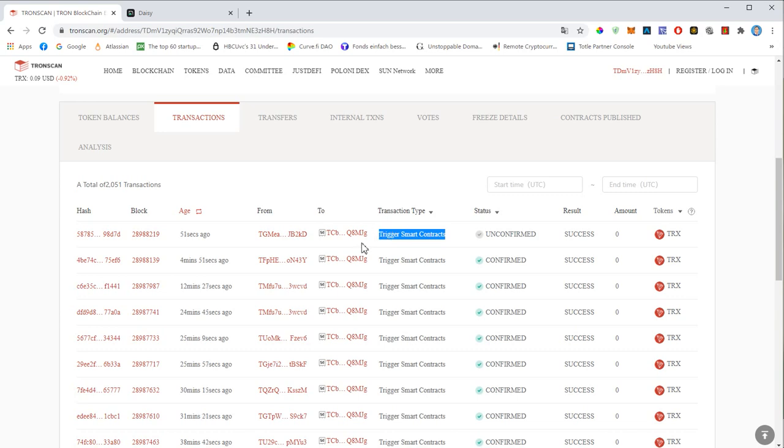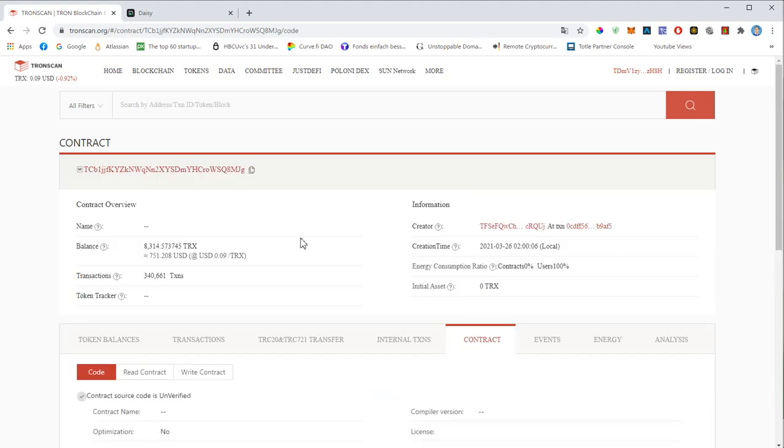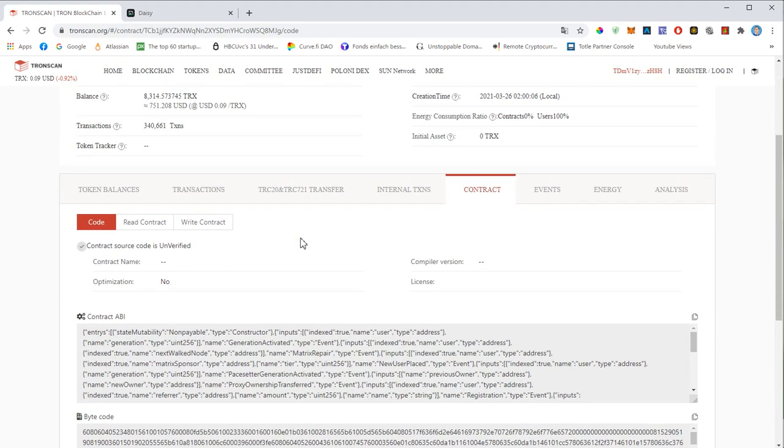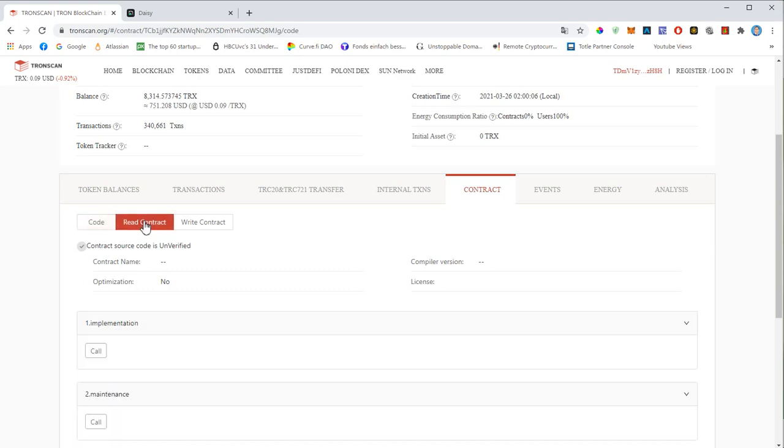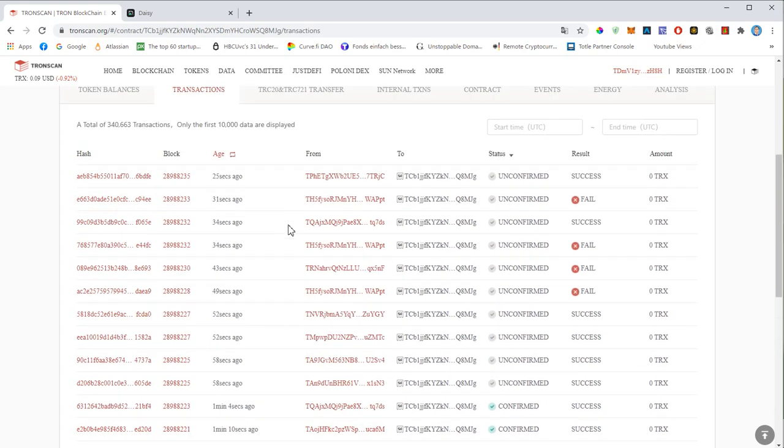So this is the address of the smart contract right here. If you click on that, that will take you to what we call the proxy to see the transactions. In this contract you will see all the transactions of this particular smart contract.